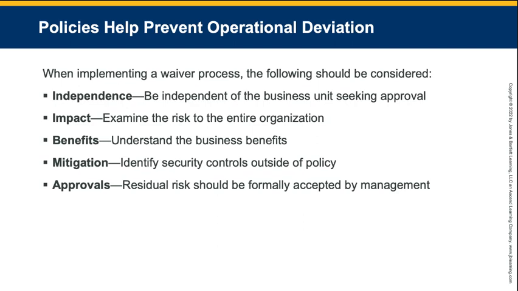Impact, examine the risk of the entire organization. For example, if there's an attack on the logistics department, that will impact the rest of the whole business, things like that. Benefit of having, for example, firewall, antivirus, mitigation policy, approval. This is basically top-down management.